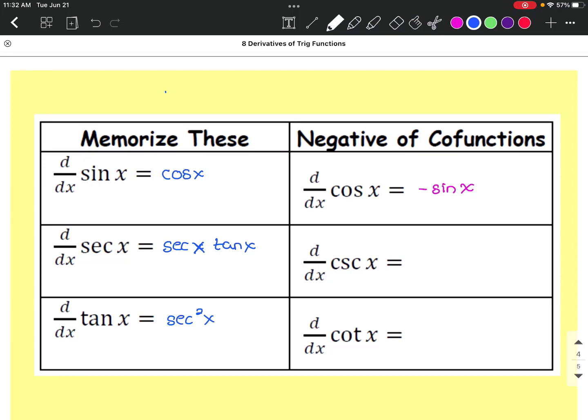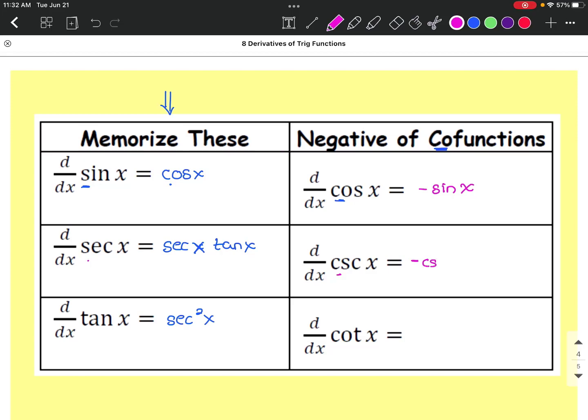But some people only like to know the first column, because it turns out that if you look at the first column and the second column, notice sine becomes cosine. It's the negative co-functions. Then we put a negative, and cosine becomes its co-function, sine. Well, guess what? If I have the derivative of secant, it becomes cosecant, then we negate it.